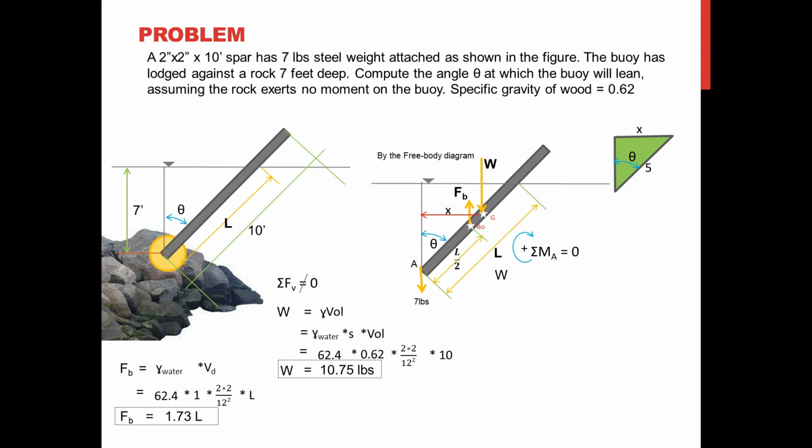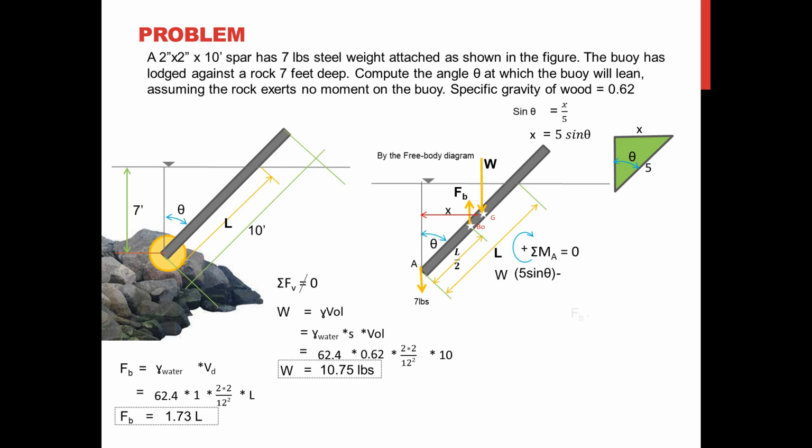And that mid-dimension happens to be the hypotenuse of your right triangle. So with this, we can simply use the sine function to relate x, 5, and theta. Sine of theta, opposite of theta, is x, divided by the hypotenuse, 5. So x by cross multiplication is 5 sine of theta. Place that into the moment arm of W.